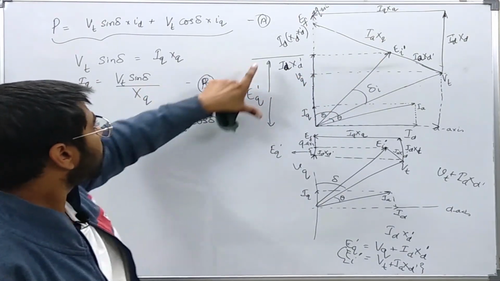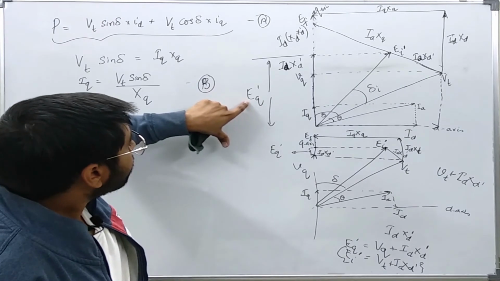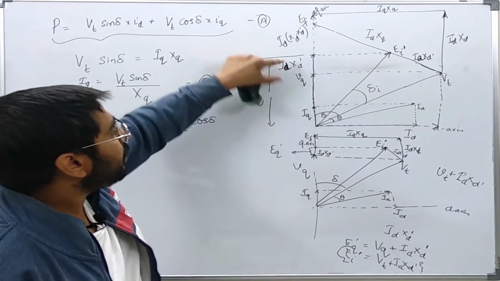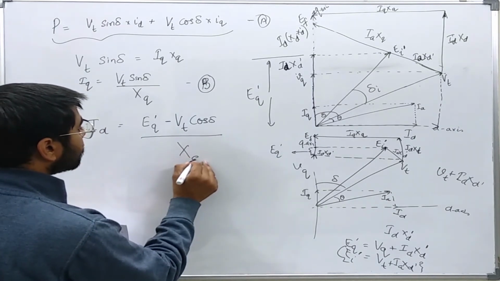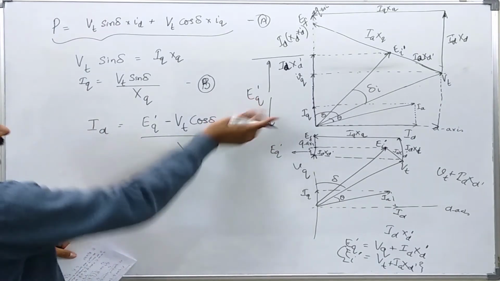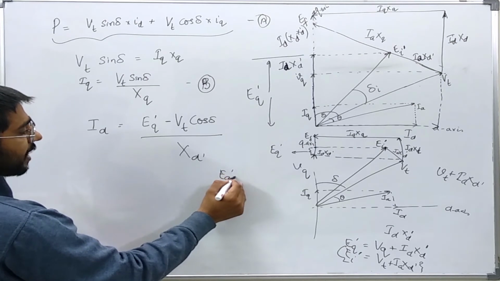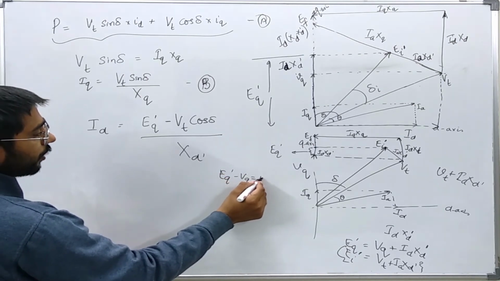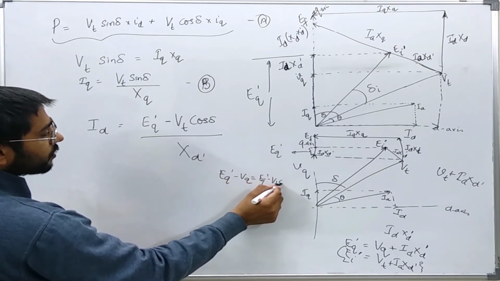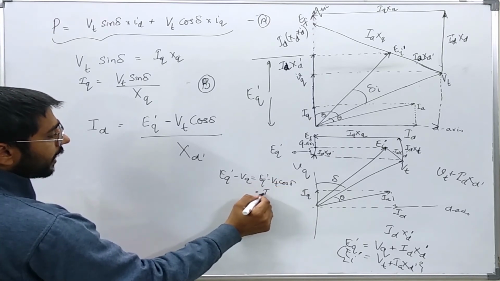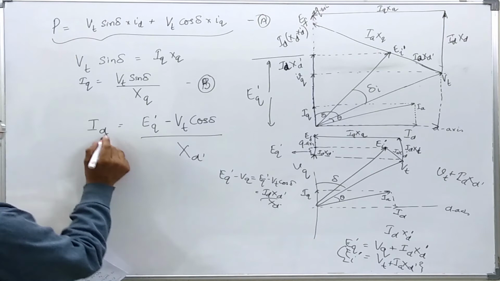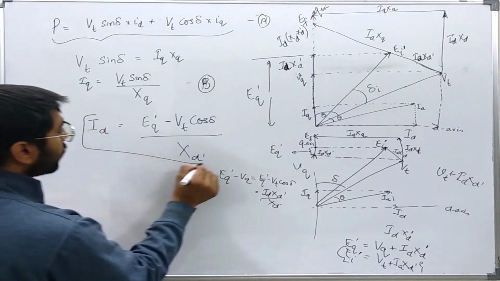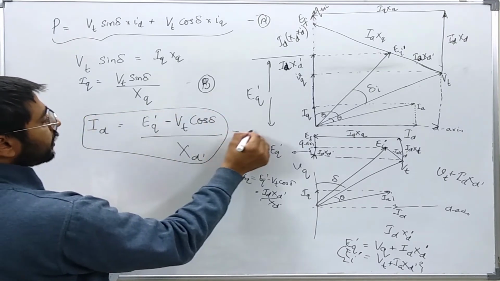So ID XD dash is EQ dash minus VQ, and I will divide this by XD dash. You can see that EQ dash minus VQ is equal to EQ dash minus VT cos delta, which is equal to ID XD dash. So dividing by XD dash gives me ID. So this is equation number C.